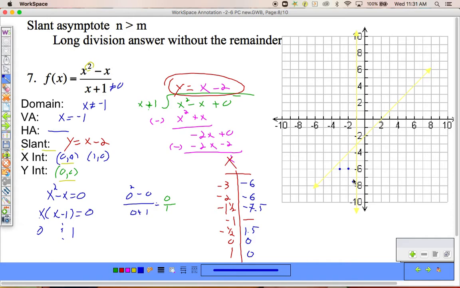Over here, I'm going to go negative 1 half, 1.5, (0, 0), (1, 0). And the idea of an asymptote is I start close to it, I curve through the points, and I end close. It looks something like that.